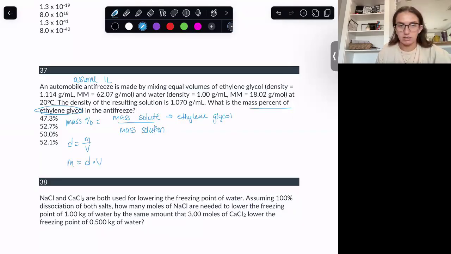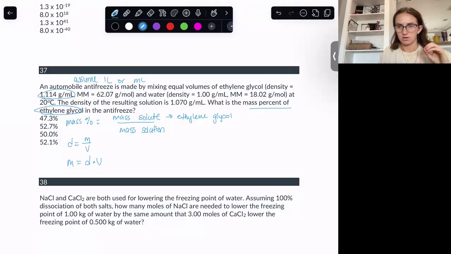So we know that mass is equal to density times volume, and we can then plug in mass for mass of solute. In this case, if we have 1 milliliter, that makes it even easier, because then we could just assume that our mass is equal to our density. So for our mass of solute, we know ethylene glycol's density is 1.114, so that would mean we have 1.114 grams of ethylene glycol.